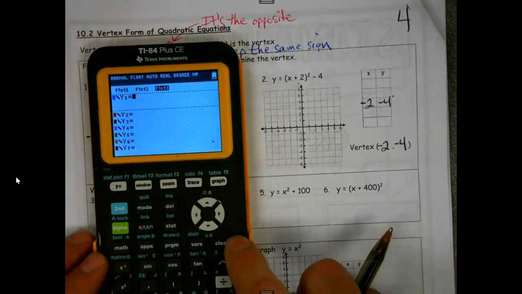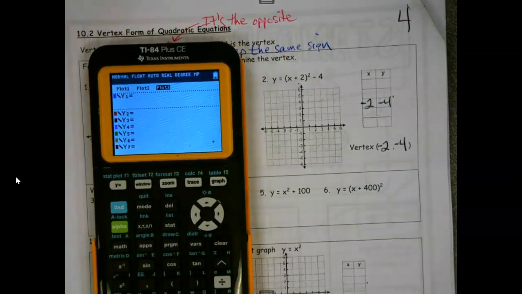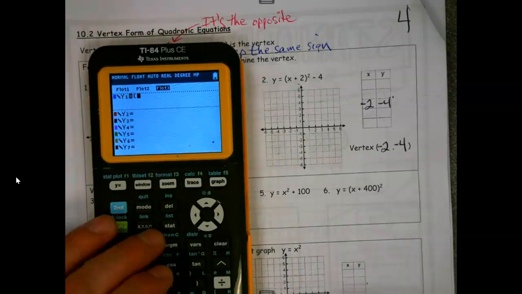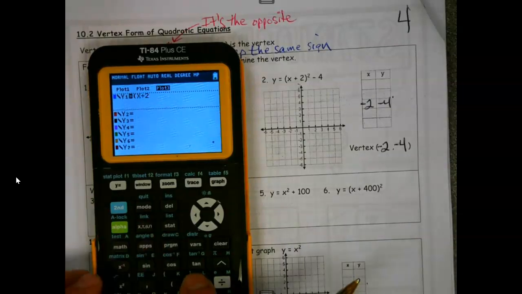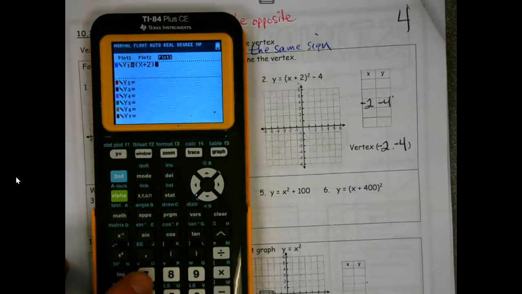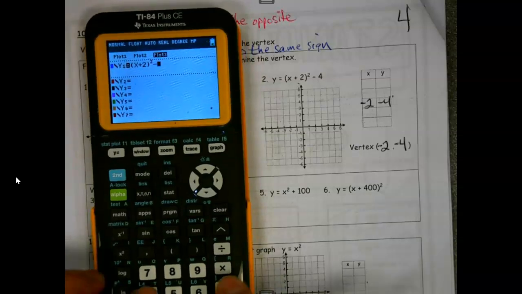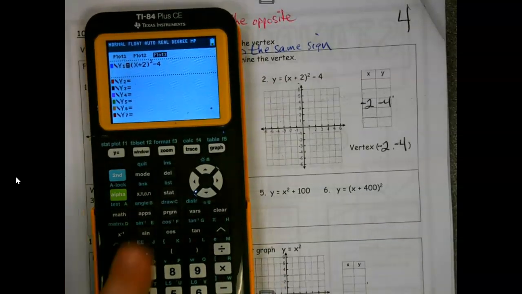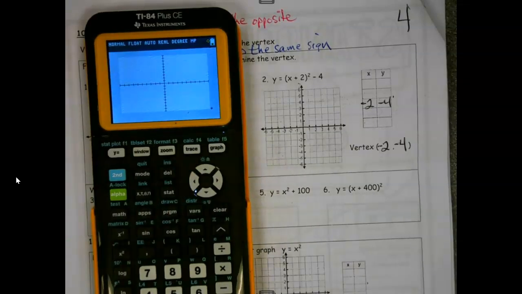So we go to y equals, again, clear if something's there. Get my parentheses in. Again, my squared is over here, kind of kitty corner from the 7. -4, not negative. So we're kind of setting us up for future reference here.